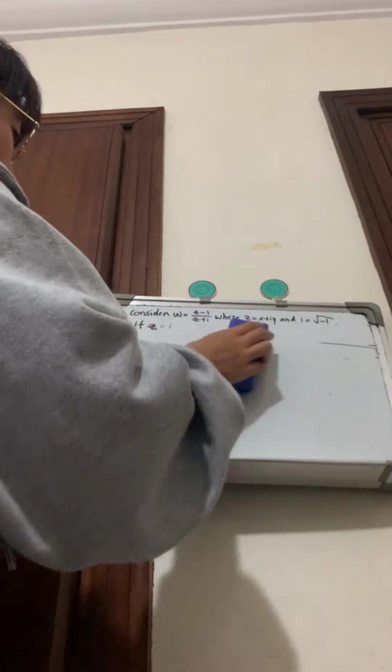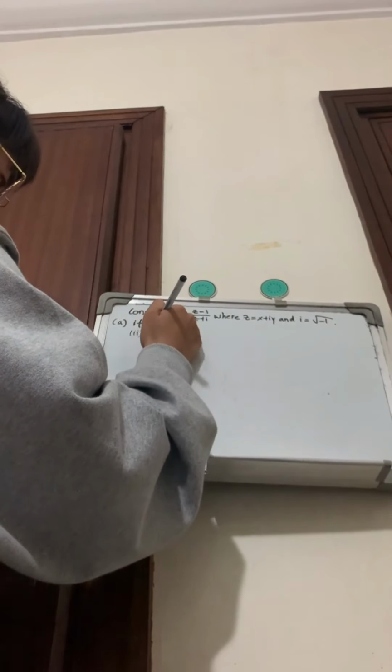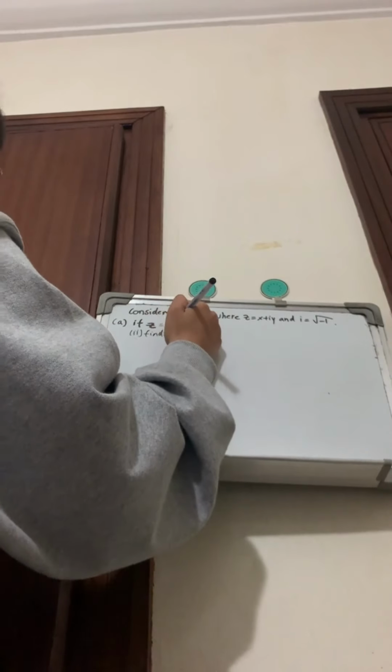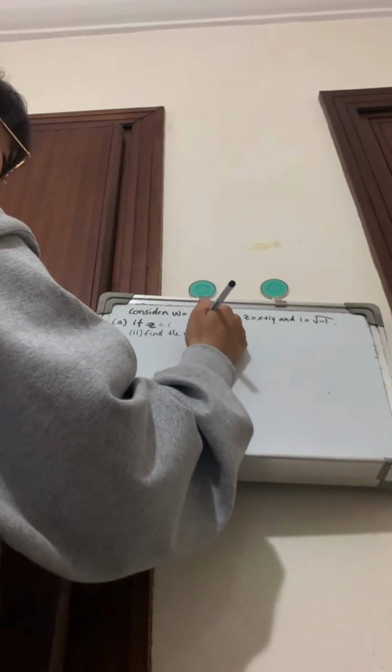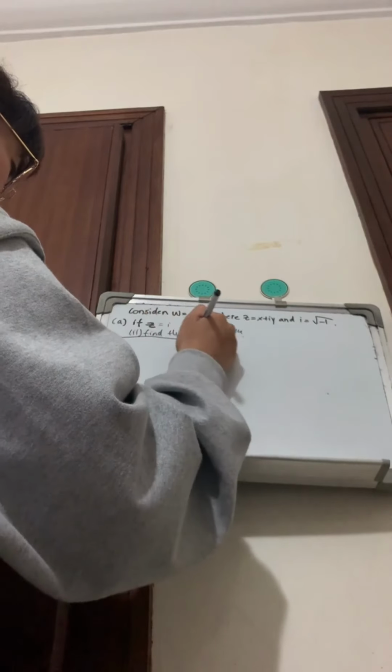Now we're going to be doing part 2. Here we have part 2, and to be able to find w to the 14th power, we're going to have to use the Moivre theorem.